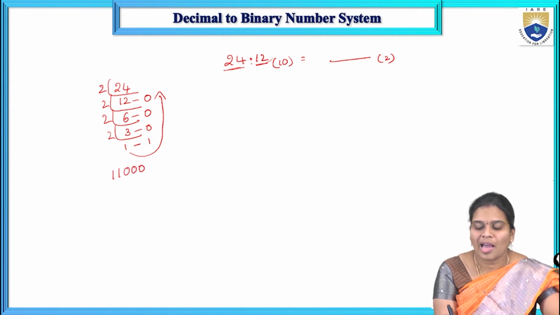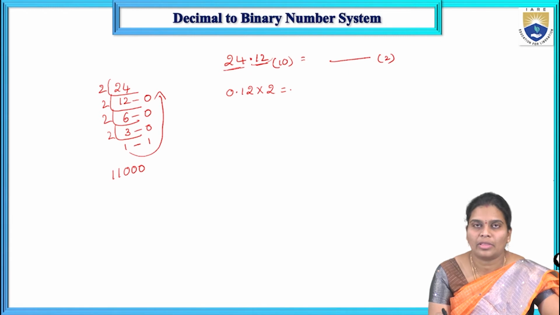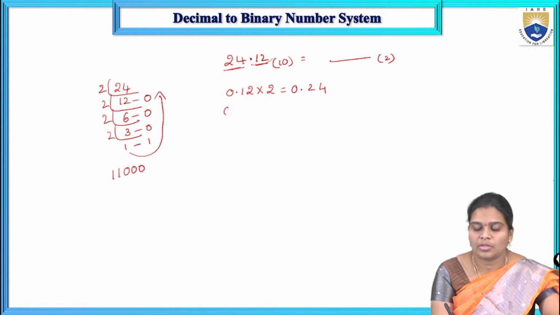Now we have the point's right side value. So 0.12 is multiplied by 2. Here we get 0.24. Again 0.24 into 2 gives 0.48.